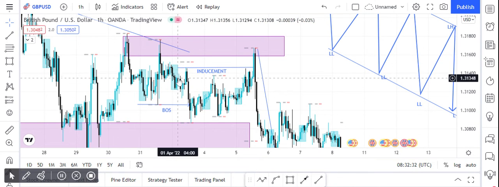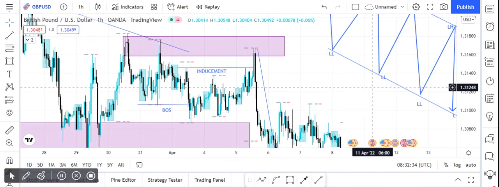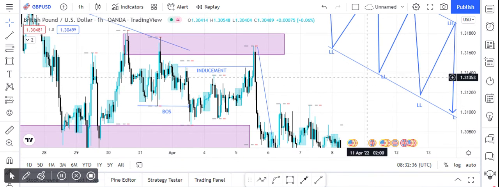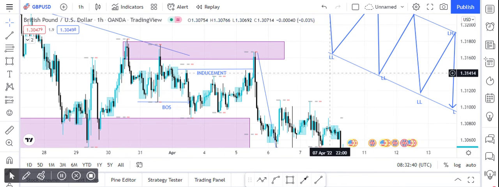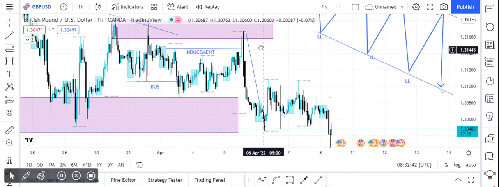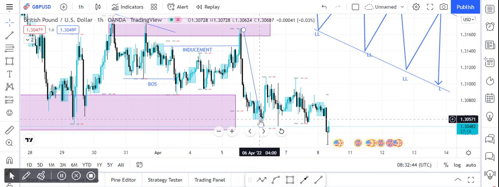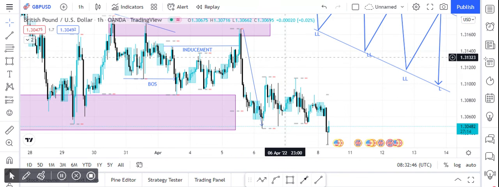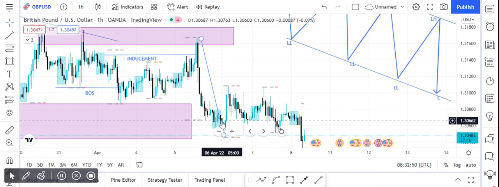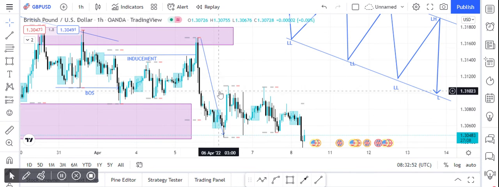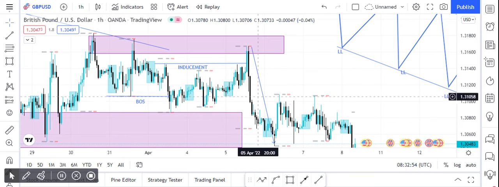This is a trap. The strong high is this high here. Once the market touched that area, it dropped with a lot of momentum to the downside, and you're in this sell.